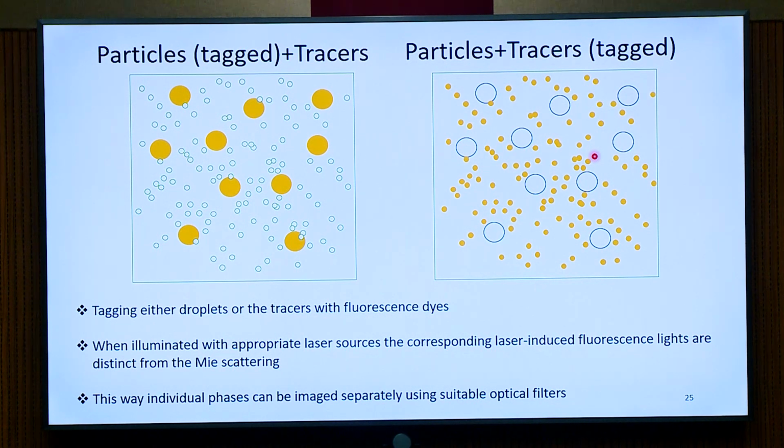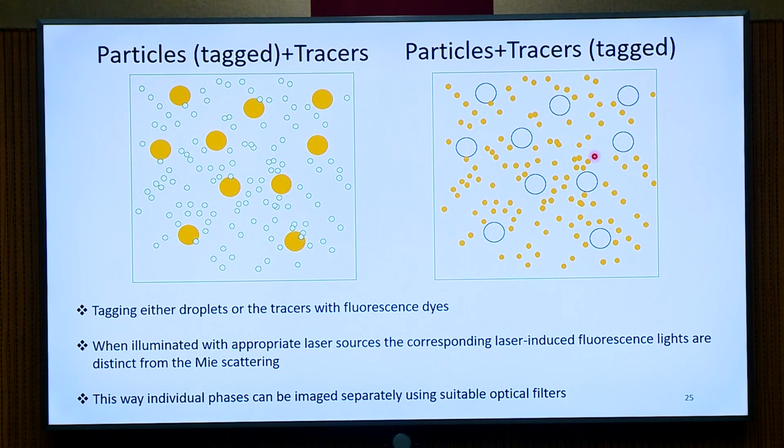So what is laser-induced fluorescence? Laser-induced fluorescence refers to a technique where we add some fluorescent dye to a liquid and illuminate that with a suitable laser. Then the liquid absorbs the laser light, the liquid molecules go to the excited state, and when they fall back, they emit fluorescence light, which has a wavelength different from the wavelength of the illumination source.